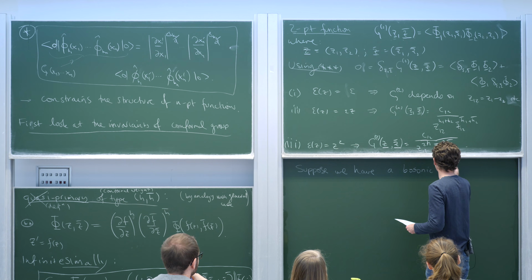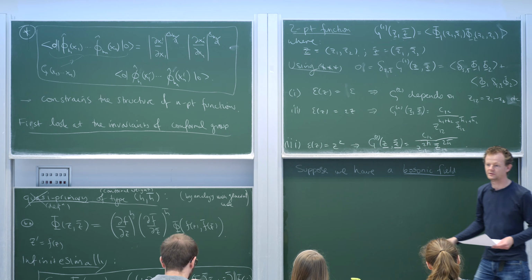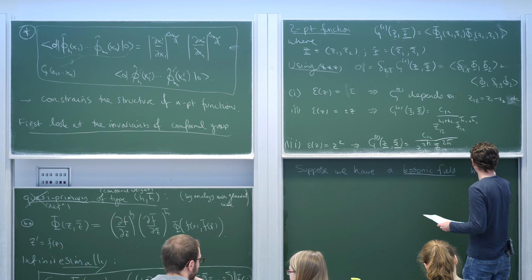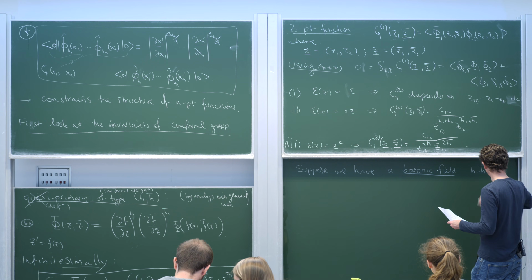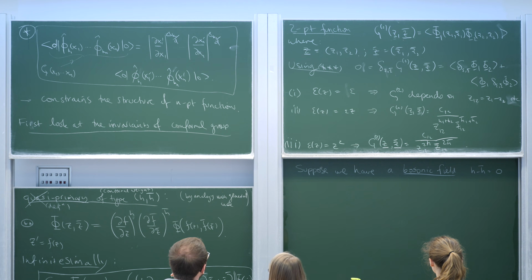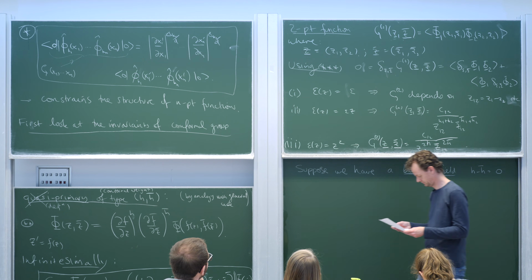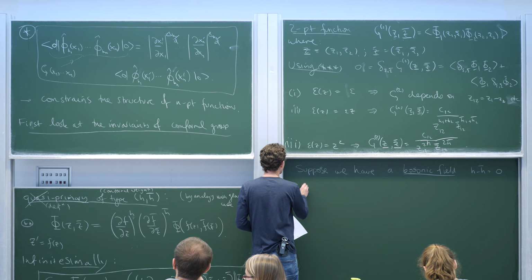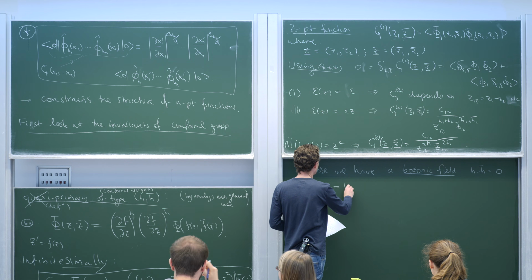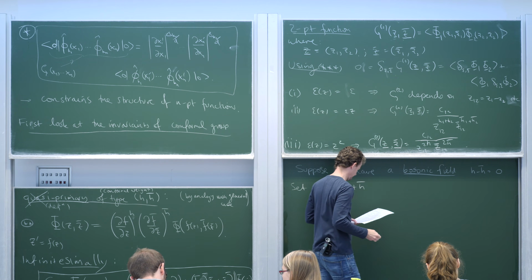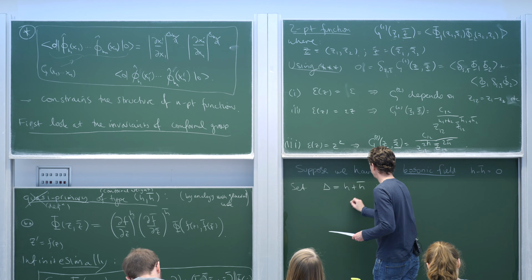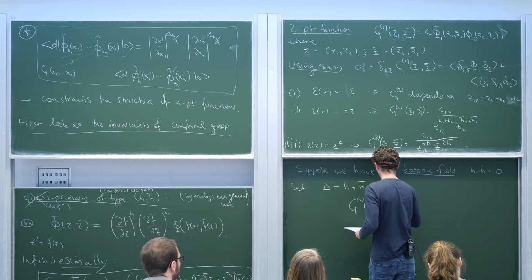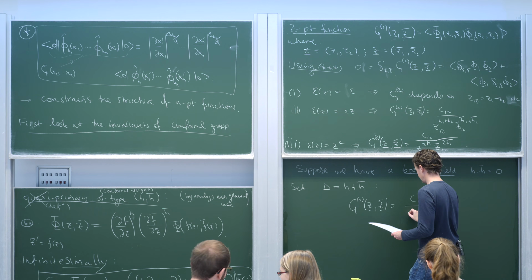But in the case that we have a so-called bosonic field, this is the definition right here, where H is equal to H bar, then our 2-point function has a familiar form.